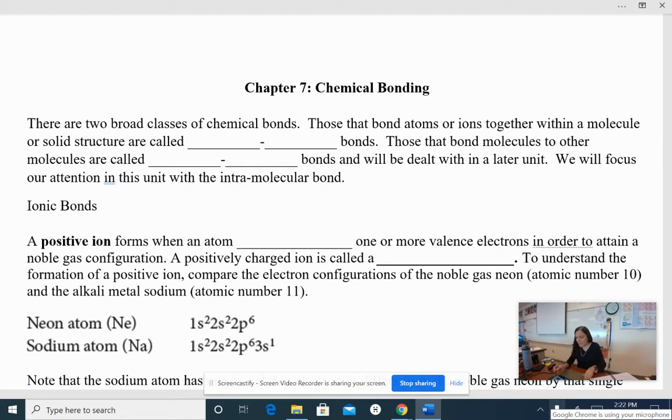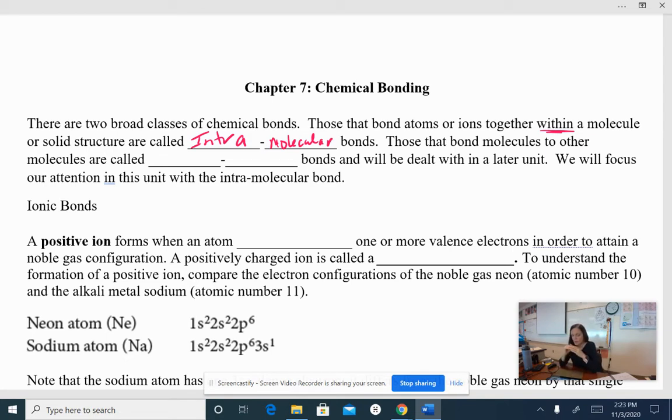Those that bond atoms or ions together within a molecule or a solid are called intramolecular bonds. Intra in Latin means within. So intramolecular bonds are those bonds that are within a molecule, within a compound, okay?